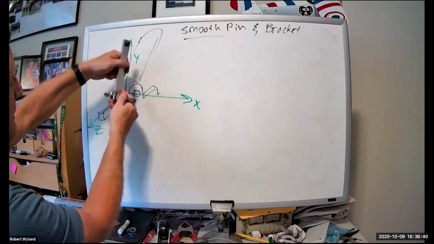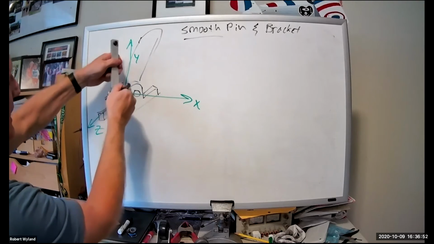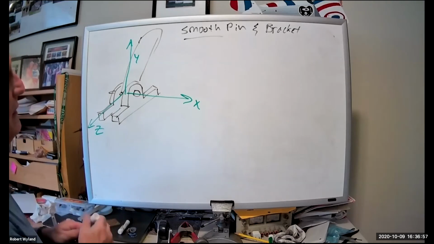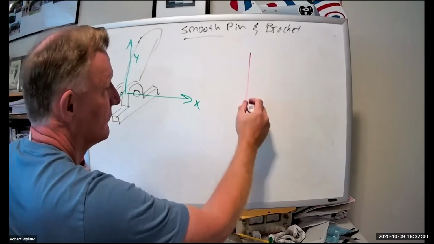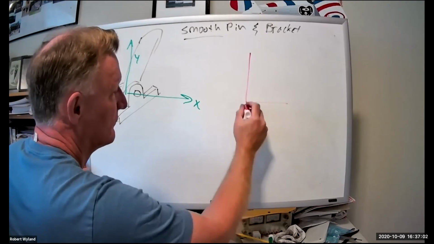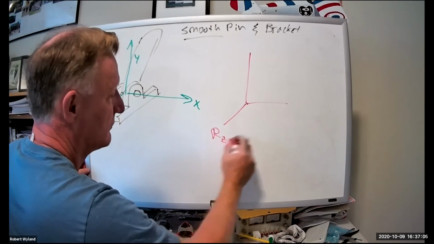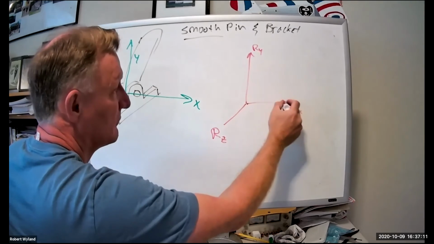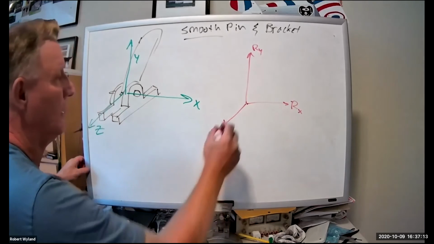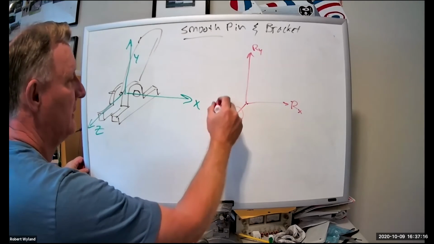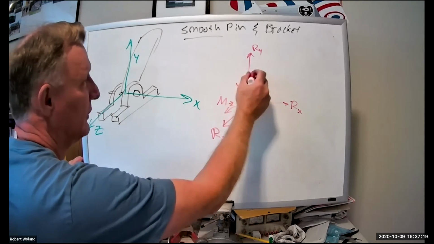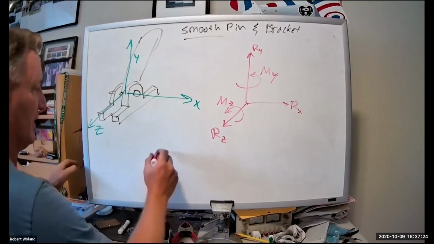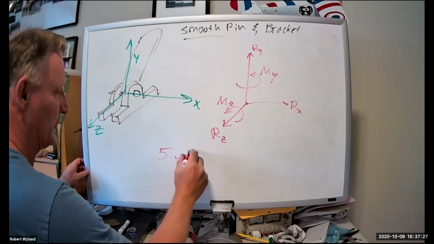We cannot rotate about Y, and we can't rotate about Z. So the reactions that we've got, and then we get a moment about Z, and a moment about Y, and that's it. So we have 5 unknowns.